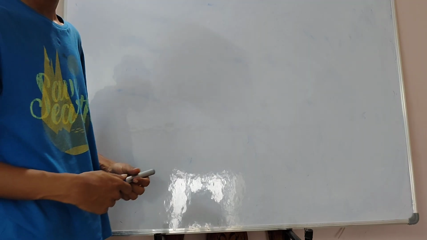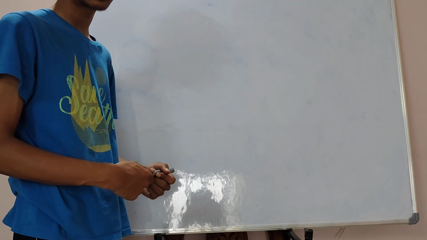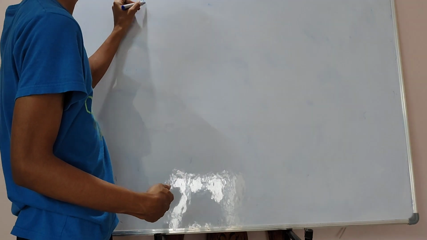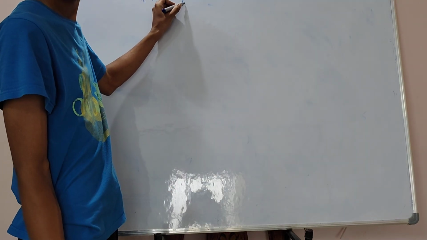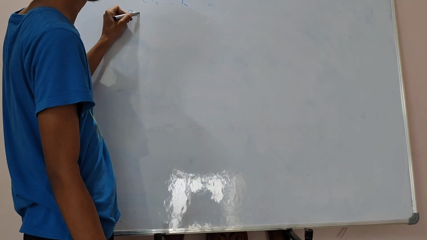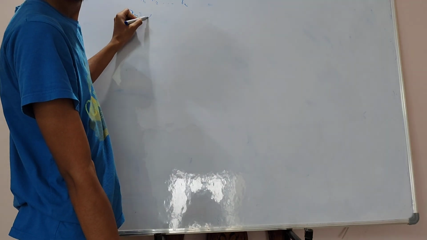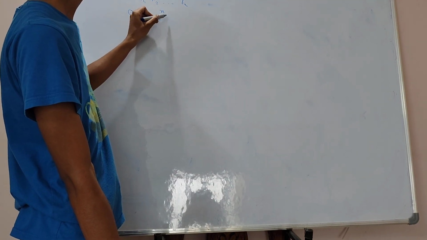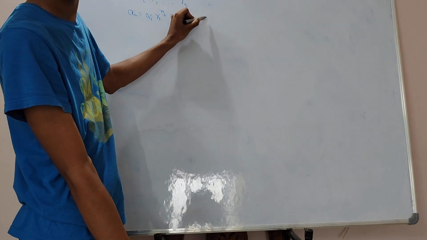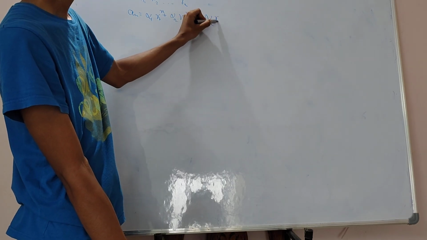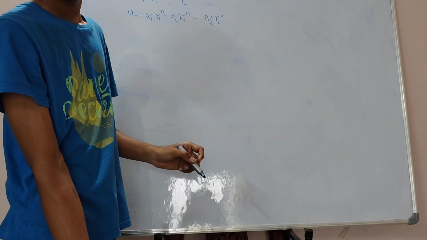So suppose there are distinct roots, right? All roots are different. So suppose there are distinct roots r1, r2 and rk. So a_n will be given as alpha 1 r1 to the power n plus alpha 2 r2 to the power n up to alpha k rk to the power n, right?